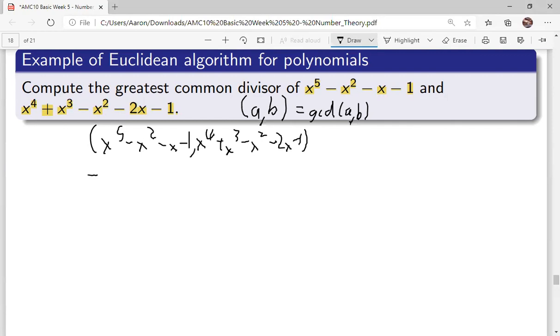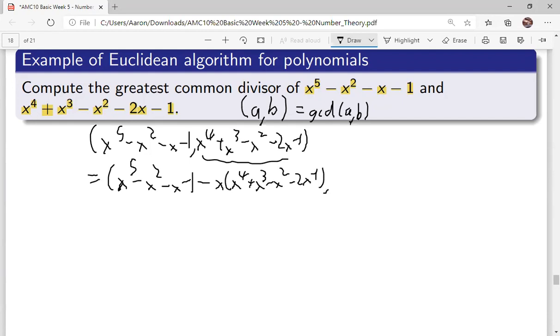So this is x to the fifth, and you can start applying the Euclidean algorithm. And so you can subtract x times this thing, x to the fourth plus x cubed minus x squared minus 2x minus 1.